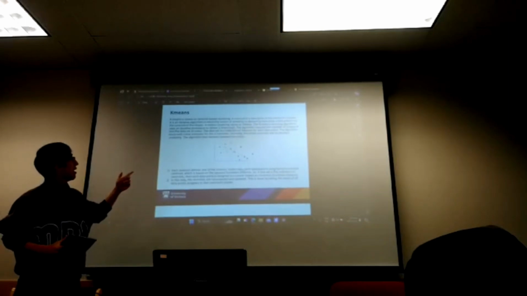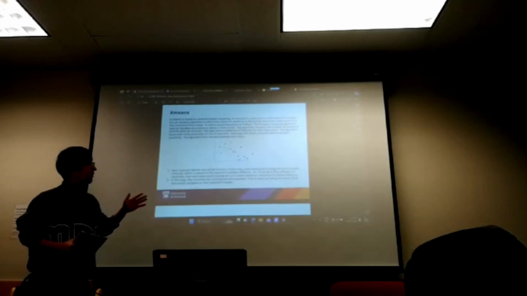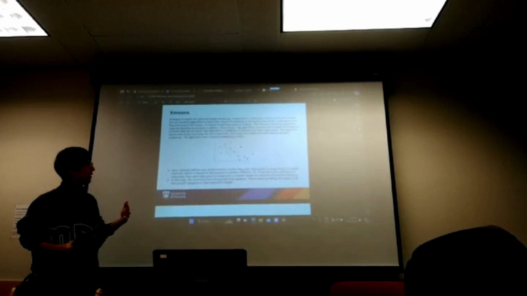K-means is centroid based. What does it mean? It means when k-means starts working, at first it will set centroids randomly. What is a centroid? A centroid is a data point at the center of a cluster.